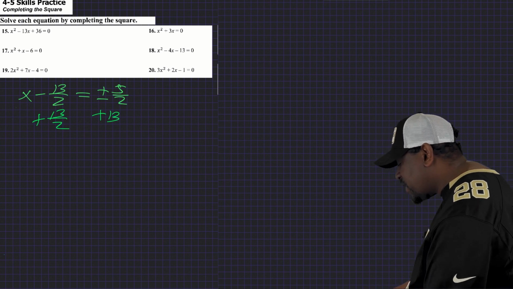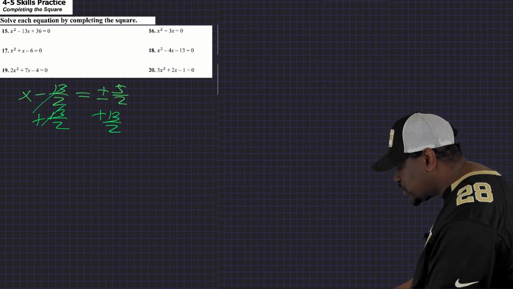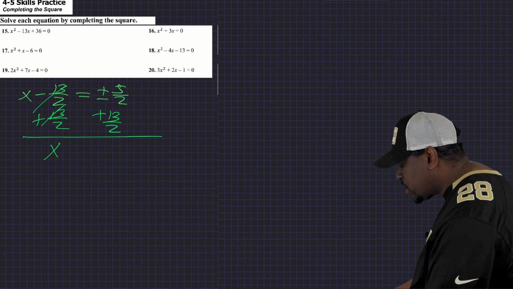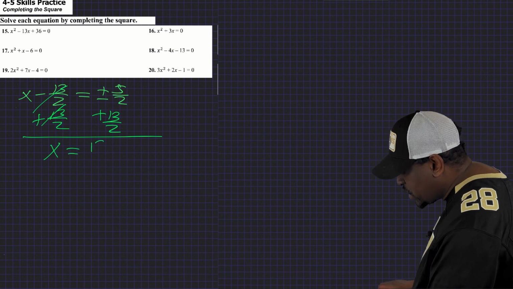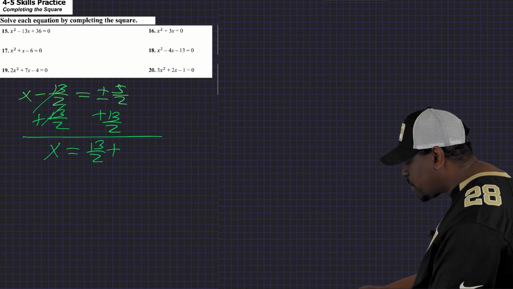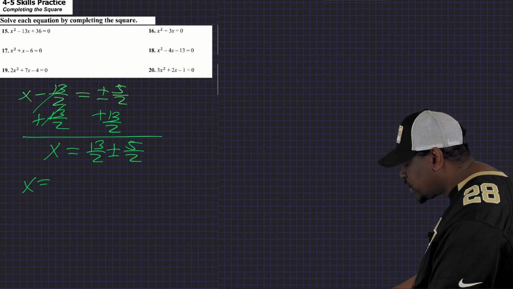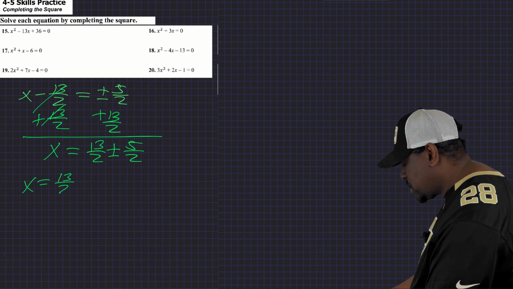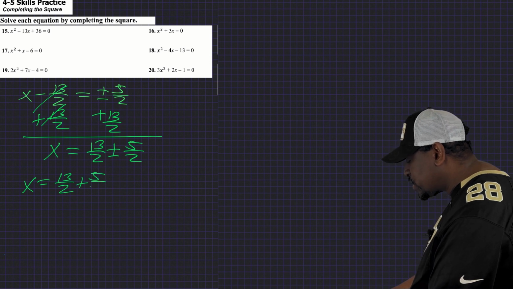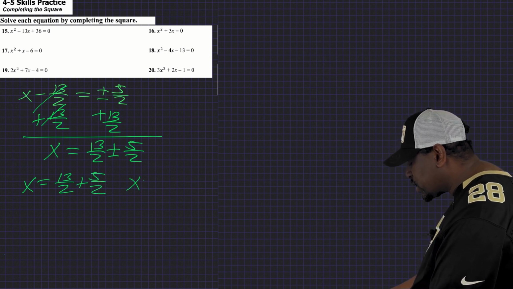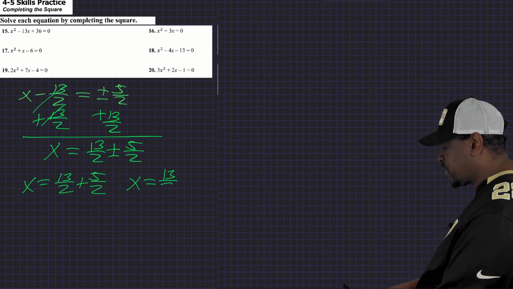And we will get a value of x that is equal to 13 over 2 plus or minus 5 halves. We break this into two separate problems, which will be 13 over 2 plus 5 halves and 13 over 2 minus 5 halves, and we will get two values of x.